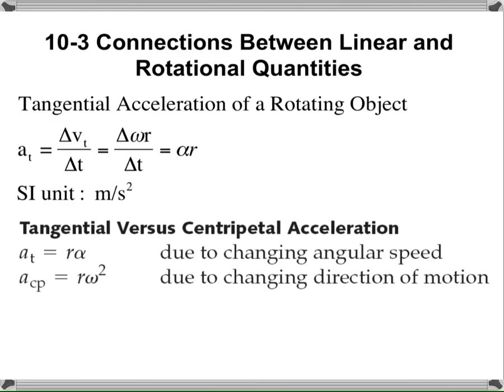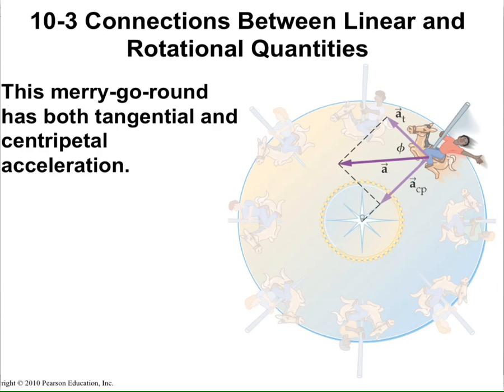So the total acceleration in a rotating object has two components. One is centripetal acceleration, which is r times omega squared, and the other is tangential acceleration, which is r times alpha. Pictorially, if this boy is rotating, but the platform is also increasing its rotation speed, then you have a component which is tangent to the motion.